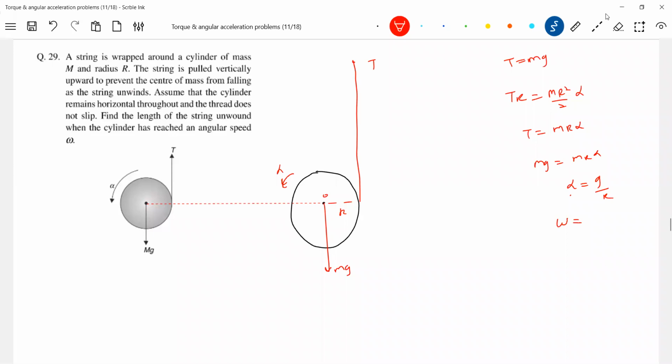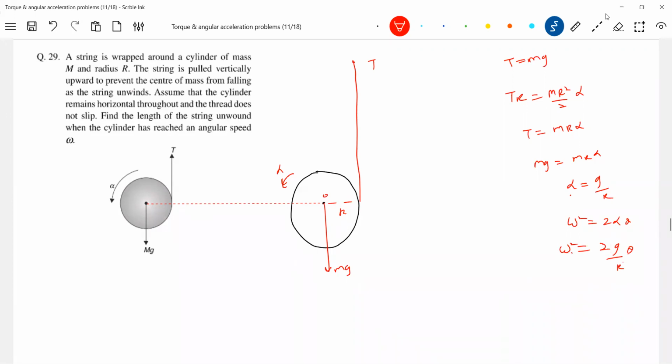So what is omega? Omega square should be equal to 2 alpha theta. So what is the alpha value? g by r. So to acquire that angular speed, it will undergo an angular displacement of theta.